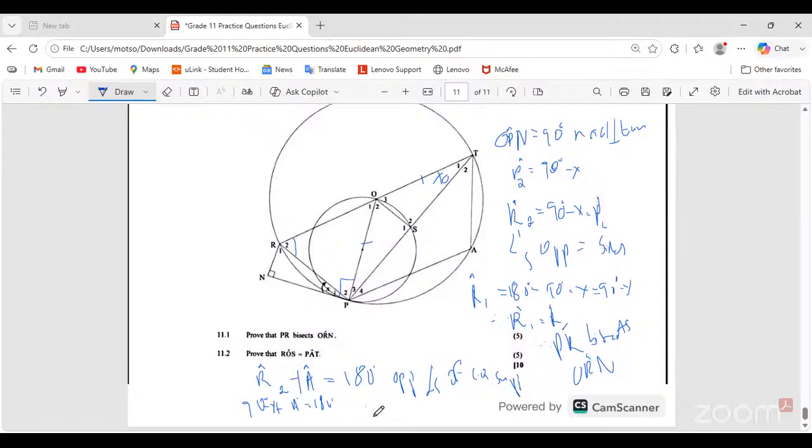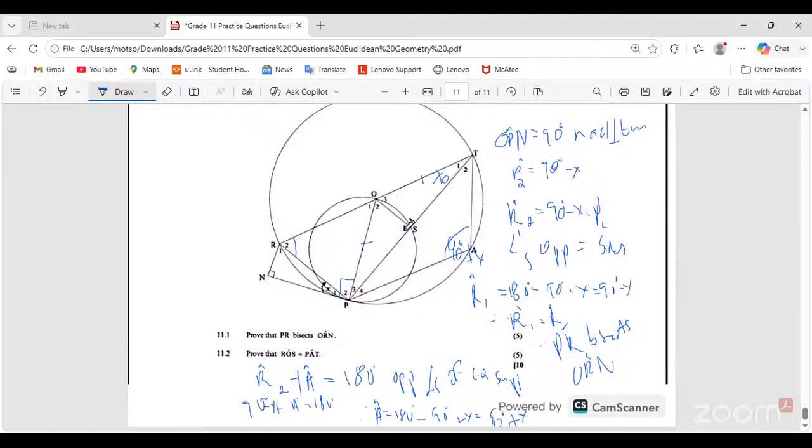Therefore, that angle A, which is PAT, is equals to 180 degrees minus 90 degrees plus X. It gives me 90 degrees plus X. So here we are having 90 degrees plus X for this angle. Now, we need to find the angle ROS.